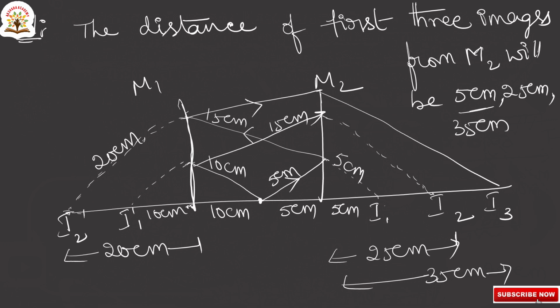Okay, this is the final answer. The distance of the first three images from the mirror M2 will be 5 centimeters, 25 centimeters and 35 centimeters. Okay, next we will go to the next question.